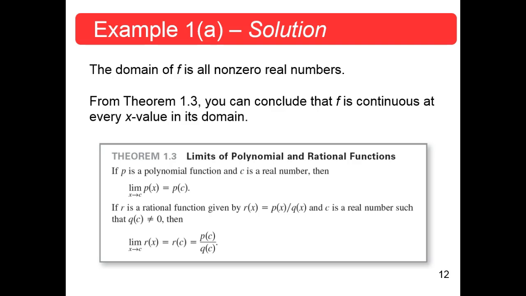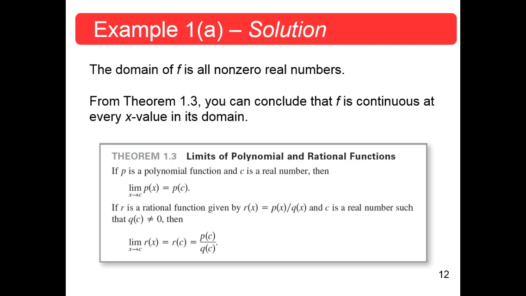If R is a rational function given by R of x is equal to P of x over Q of x, yeah, P of x is a polynomial function, which is 1. That's a constant function, 1. Q of x is a polynomial function, x, okay? And C is a real number such that Q of C is not equal to 0. Ha! There's the kicker.